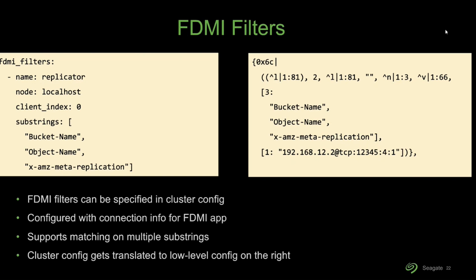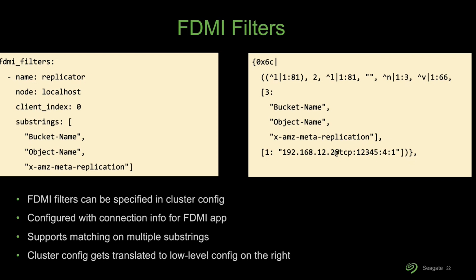And on the right, we have sort of the low-level config that Motor uses internally. It has the same basic information there. It's sort of a bit harder to read because it's translated to concrete IDs, but you can see that we're setting up an endpoint where the applications can connect, that IP address and port there, to find new updates on the FDMI events.